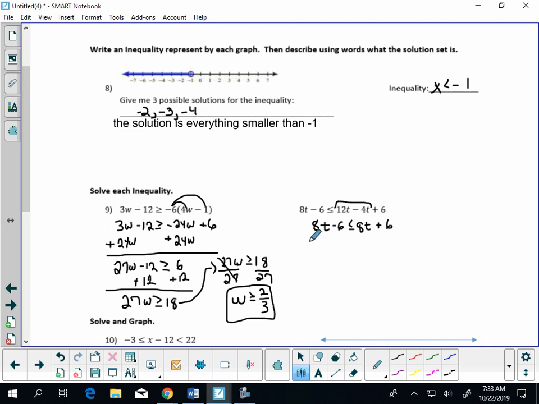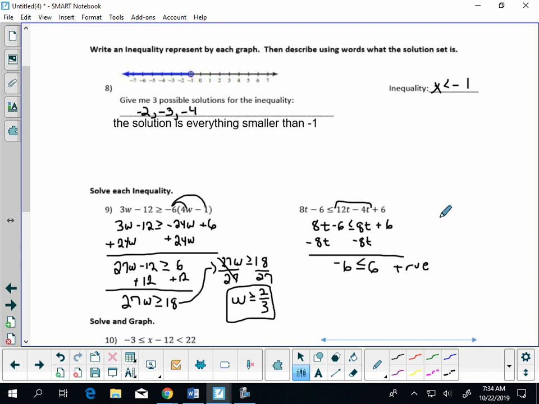All right, I'm already starting to see a problem because if I subtract 8t from both sides, those t's are going to cancel out. And I'm going to get -6 is less than or equal to 6. Well, -6 is less than or equal to 6.